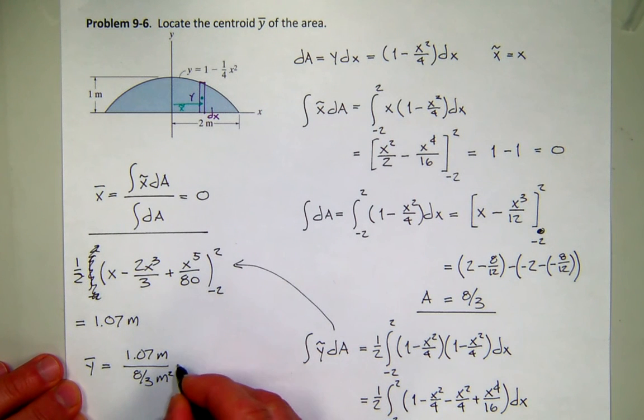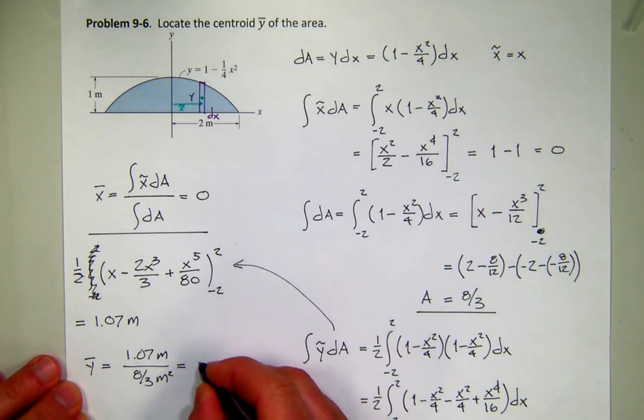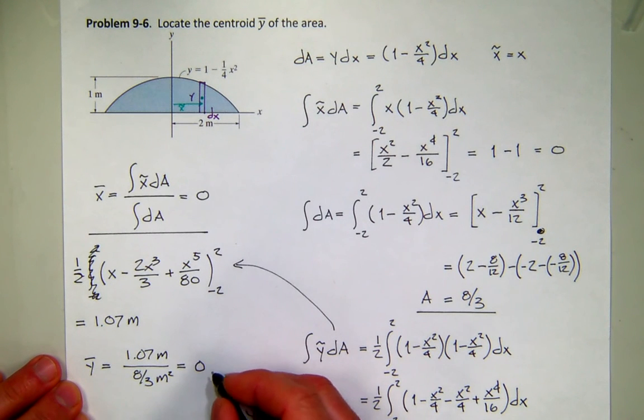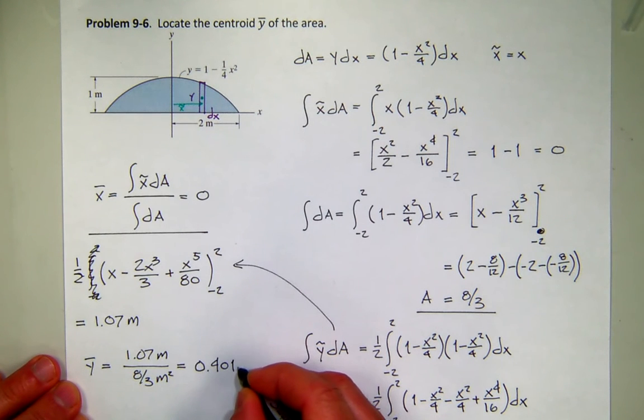That was meters squared. So what do you get? .4. You guys get that? Oh, I got .401.